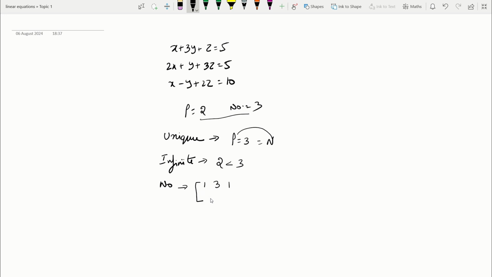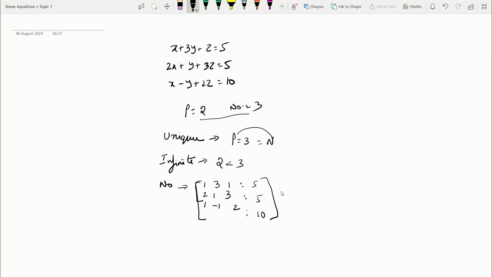See here, the matrix A I will take as 1, 3, 1, the x coefficient, y coefficient, z coefficient, and one more row, 2, 1, 3, and 1, minus 1, 2. This is the matrix A. For the augmented matrix, write a colon and write the right-hand side, 5, 5, 10. We consider this as the fourth column: first column, second, third, and fourth column.